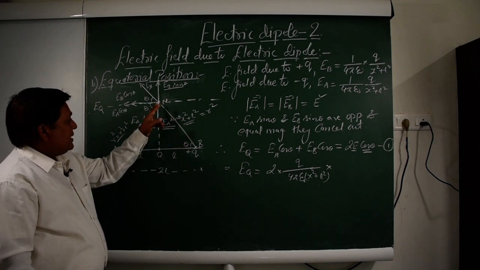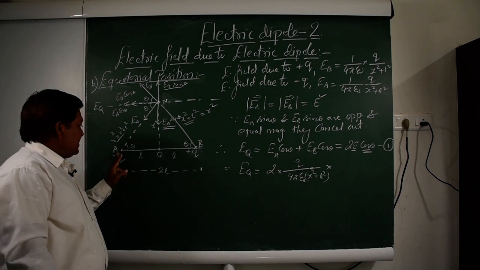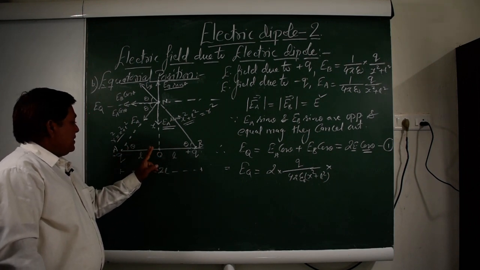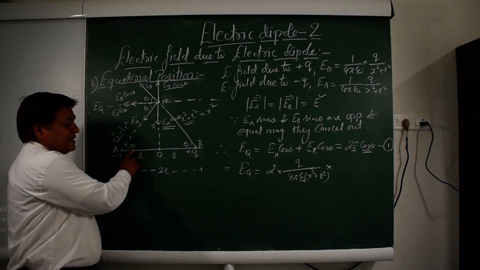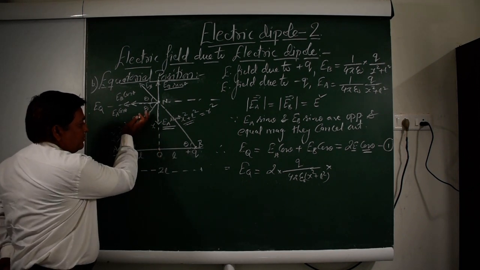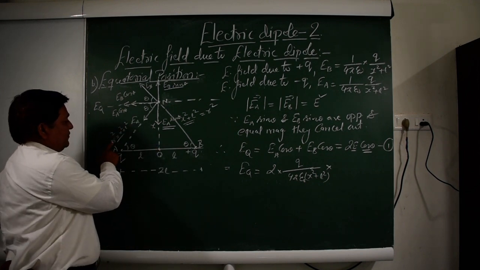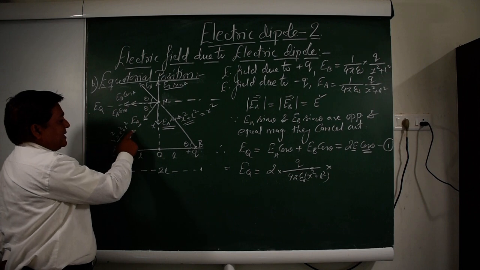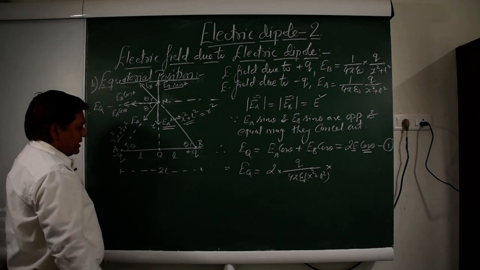If we assume a right triangle here, the right triangle AON, where angle theta is there, cos theta will be base upon hypotenuse. If we suppose this length is r, it will be under root x square plus L square.